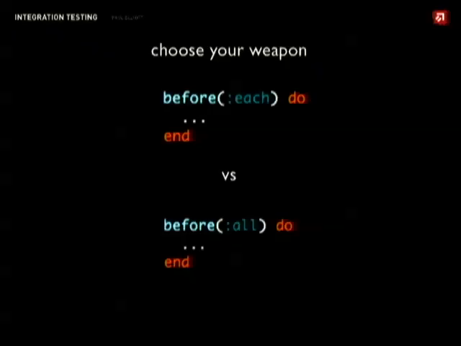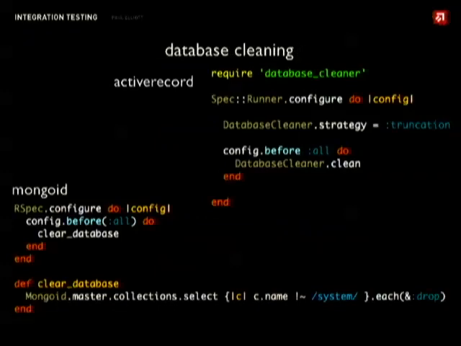Before each is easier to deal with, works better with let, but you can get significant performance gains by using before all. Now, doing that, the biggest thing to consider is how you're going to handle your database and cleaning it. If you're using Mongoid, it's really easy to clean your database. You can see right there in the bottom left. Active Record, we would typically use Database Cleaner and do something along those lines for cleaning it.